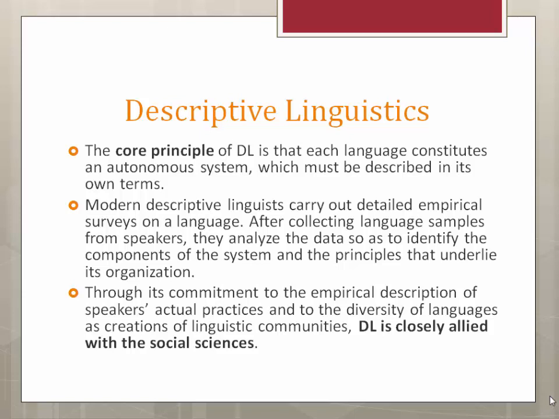Like, they conduct surveys, they collect data from native speakers of that language, and then analyze the data to identify the basic components of that linguistic system and the principles that underlie its organization. Through its commitment to the empirical description of speakers' actual practices and to the diversity of languages and creations of linguistic communities, descriptive linguistics is closely allied with the social sciences.